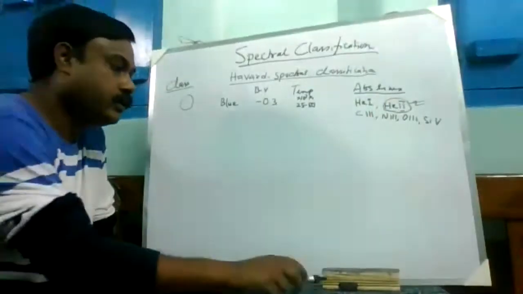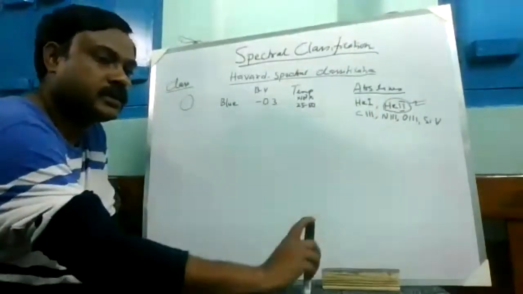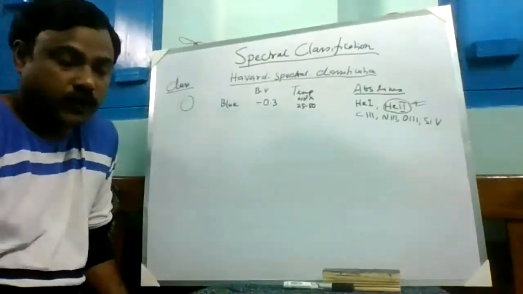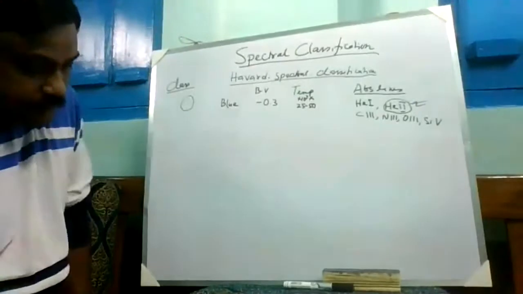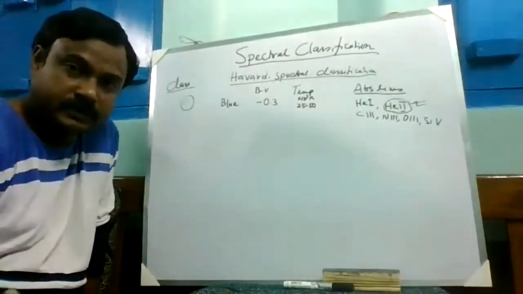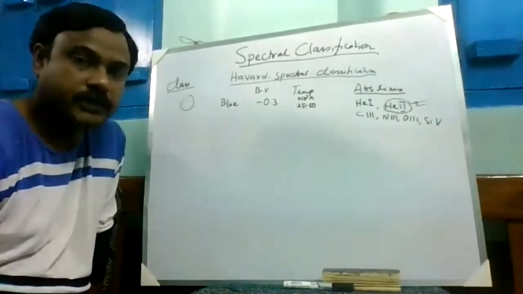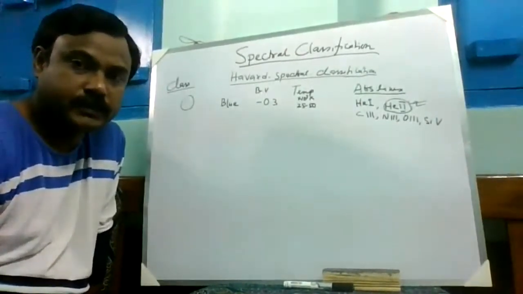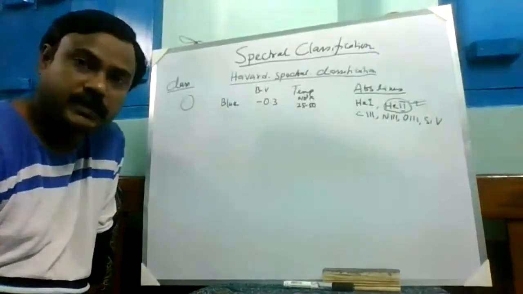Now, how can you know which is a helium 1 line and which is a helium 2 line? For this, scientists have tables in which the wavelength of each absorption line has been specified.